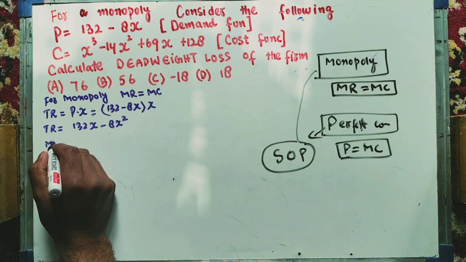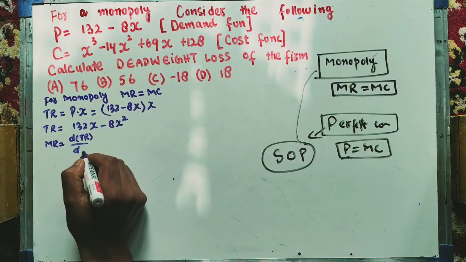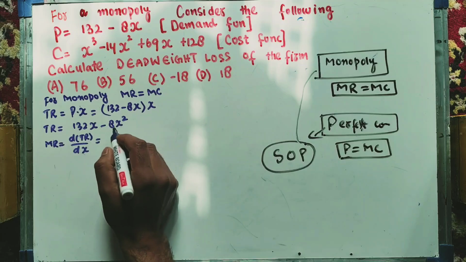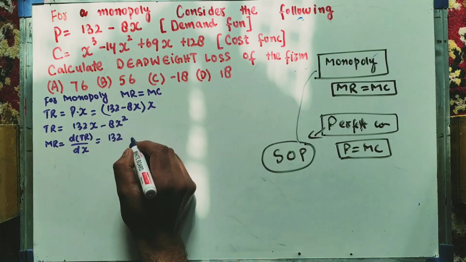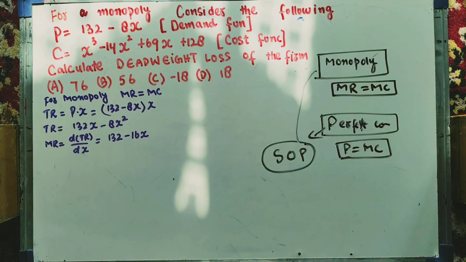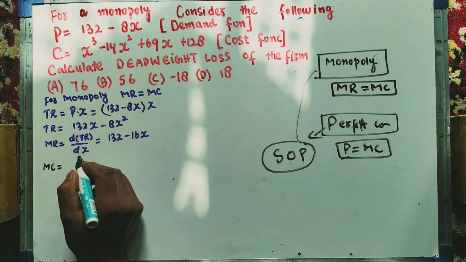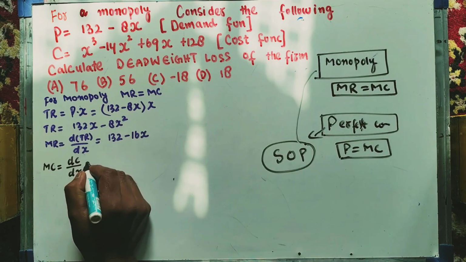Now we know that marginal revenue is simply the change in the total revenue due to the change in the output. That is the derivative of the total revenue function with respect to x. Derivative of x is 1, so we are left with 132, and derivative of x square is 2x, so 2 into 8 is 16x. This is our marginal revenue. We are being given the total cost function. We need to find out the marginal cost. We know that marginal cost is simply the change in the total cost due to the change in the output.